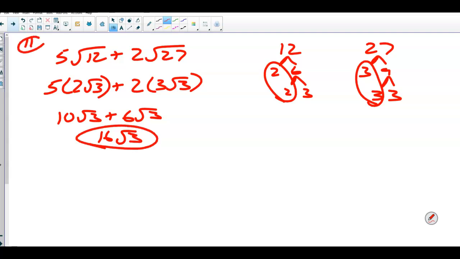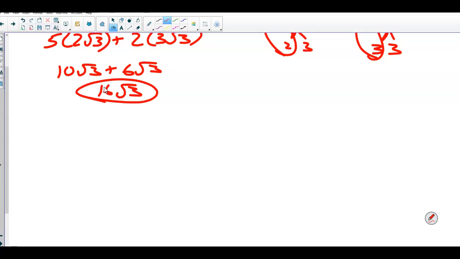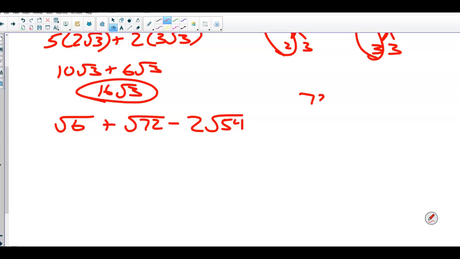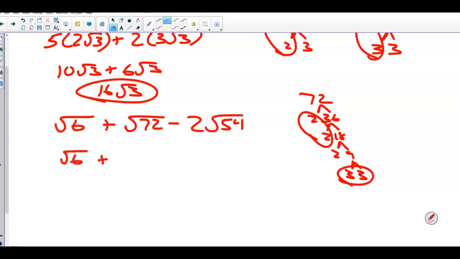That one's for number 11. So when you're adding and subtracting radicals, the key is getting the same number under a radical so you can simplify. The next one, root 6, I can't do anything with. Root 72 minus 2 root 54. So 72 is 2 and 36, 2 and 18, 2 and 9, 3 and 3. Pair of 3s, pair of 2s. That becomes 6 root 2. So root 6 plus 6 root 2, can't do anything with that.